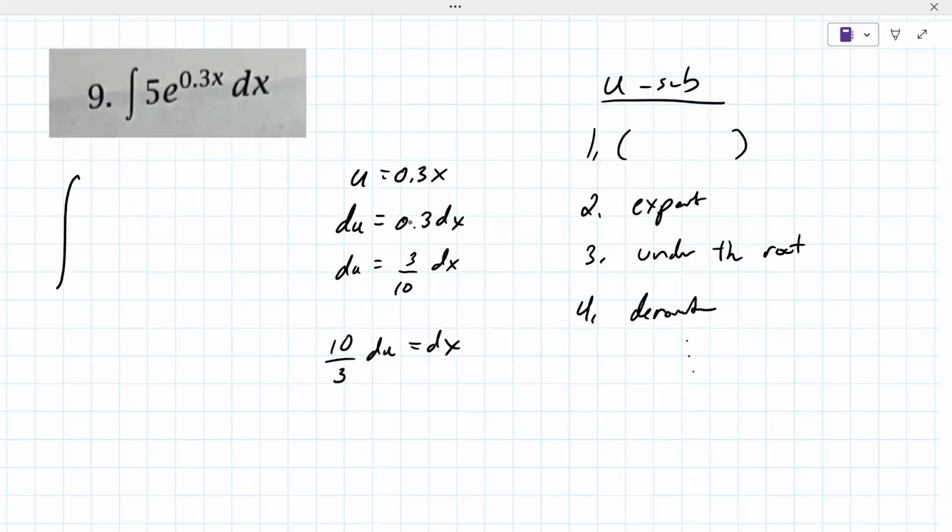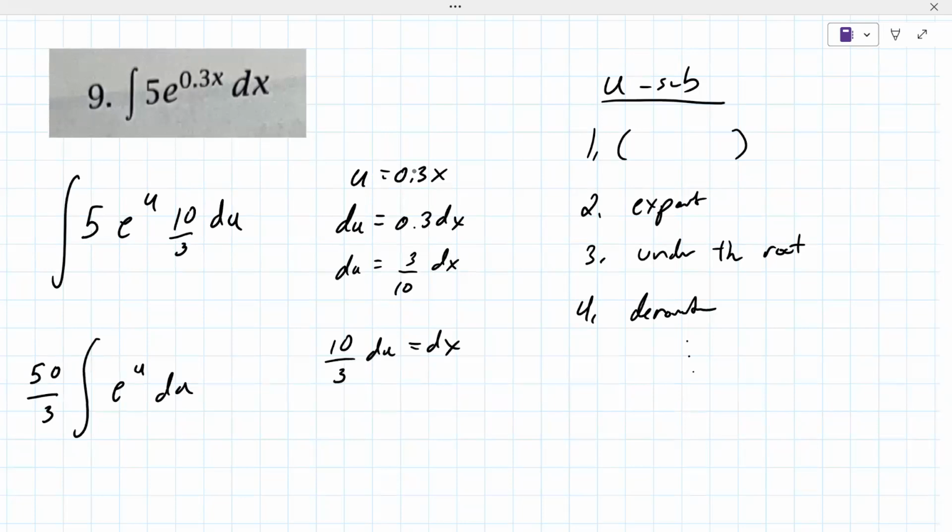So now you go back to the integral and you only substitute in for the u. Whatever the u was, you're definitely going to substitute for that. And then you always substitute for dx, 10 over 3 du. And then it's usually a good step to rewrite it into something that you now can integrate.